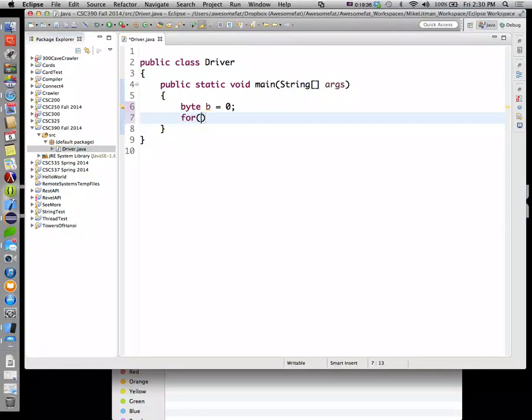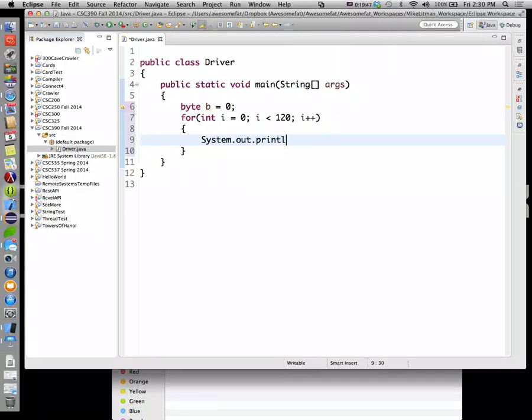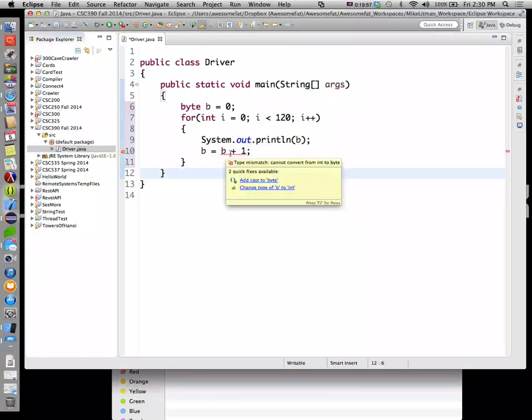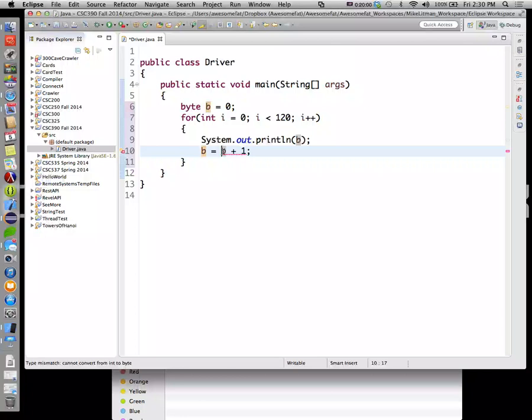So, if I do a little loop for int i equals 0, i is less than 120, i plus plus, I do System.out.println(b), and then I say b is equal to b plus 1.